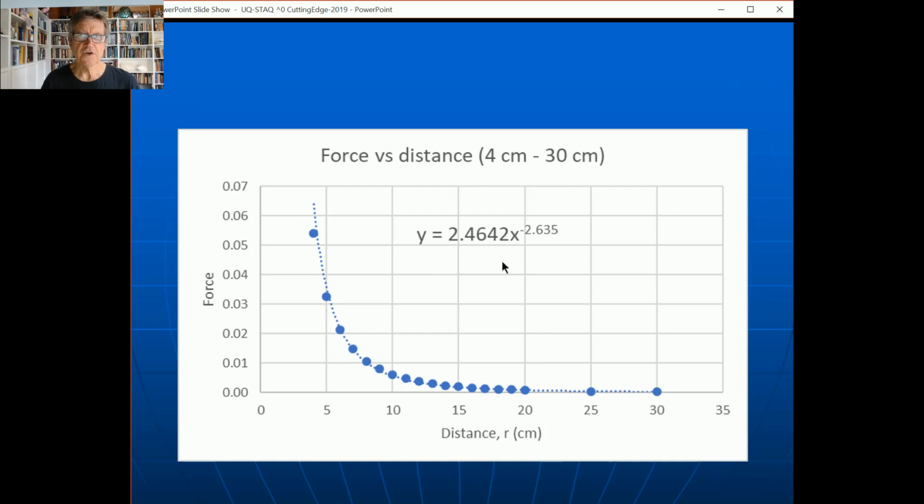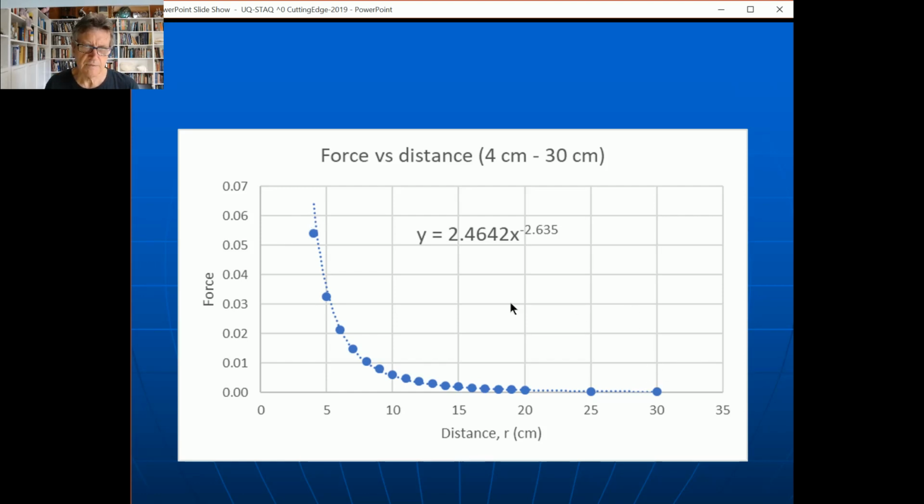Now, if you do that, look what happens as you go from 4 centimetres here up to, say, 30 centimetres. It turns out that the relationship is it's not inverse squared, it's not inverse cubed, it's somewhere in between. So in theory, it's somewhere between inverse squared and inverse cubed, between 5 or 4 centimetres and 30.